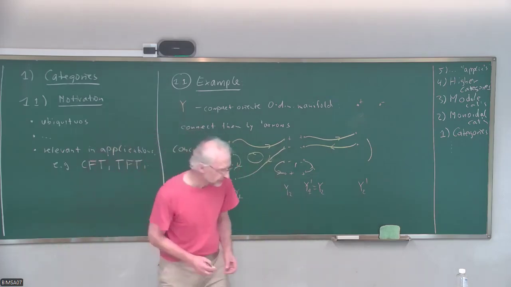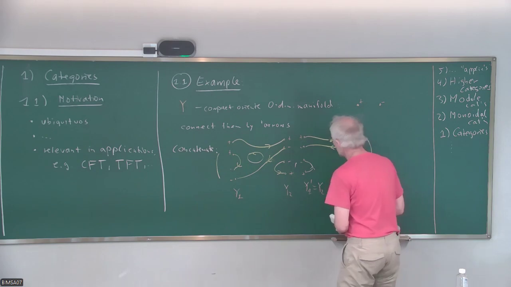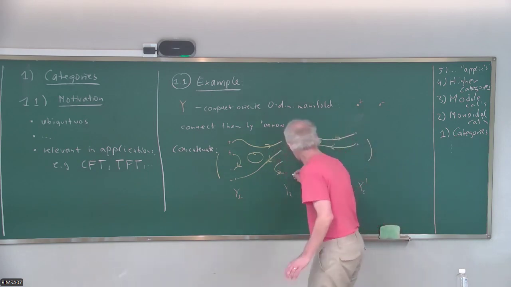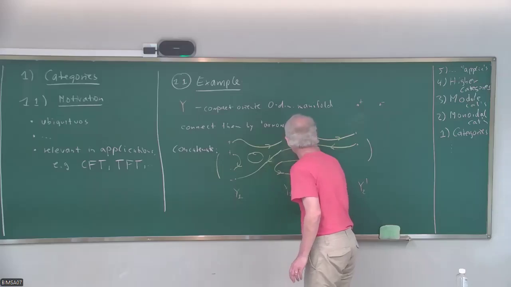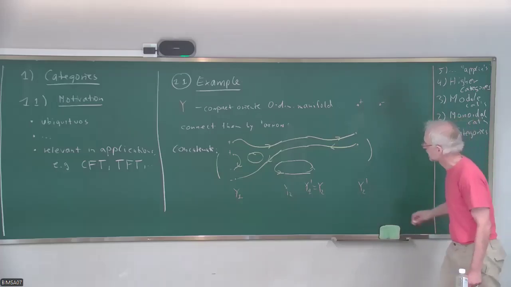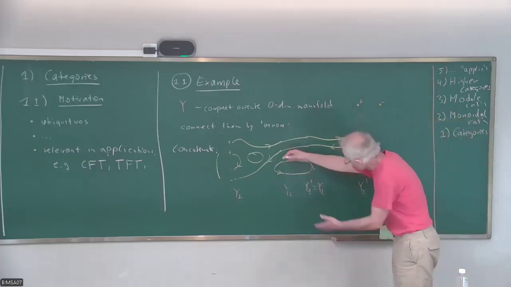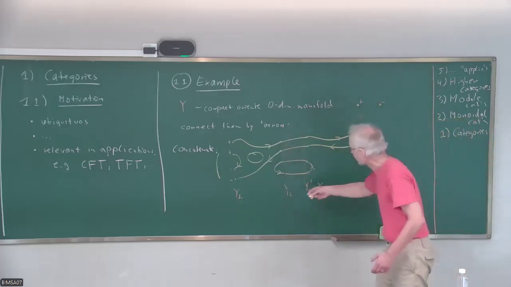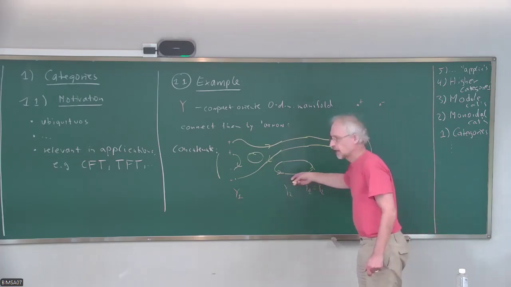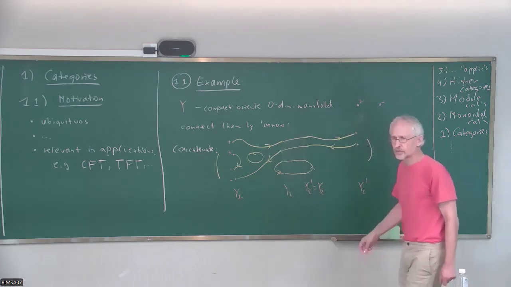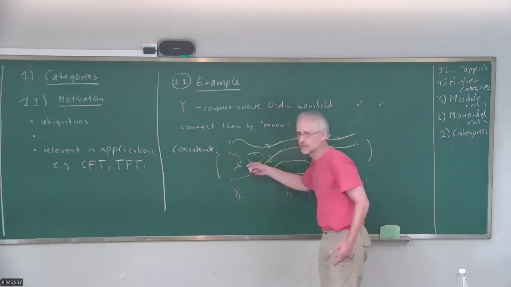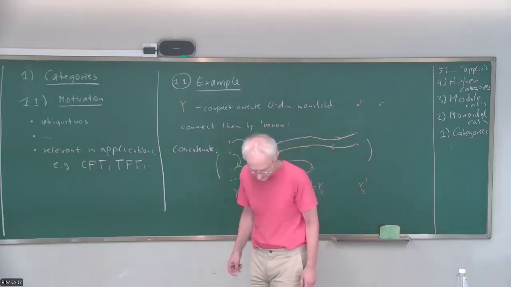So if you compose them, then you just connect them, just identify y2 with y1 prime. And you see what can happen is that closed curves arise in this process. Therefore, this is one reason for allowing them in the first place.